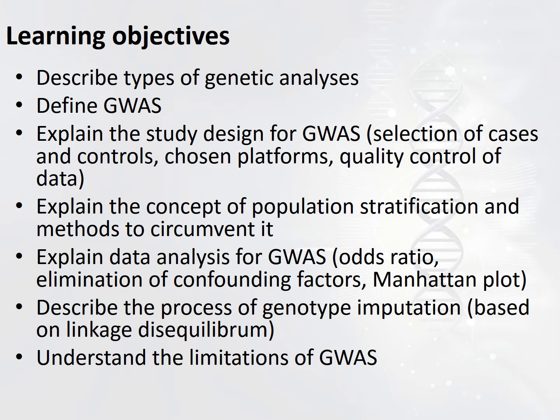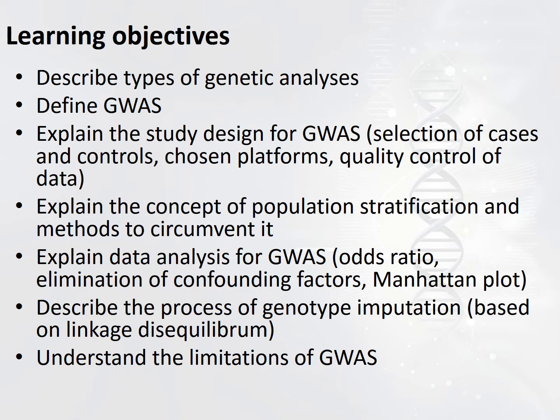As for the learning objectives of today's lecture, you need to know the different types of genetic analysis. Once we have the big picture, we focus on genome-wide association studies, what they are, and what the general study design is for all GWASs, what the different limitations are.